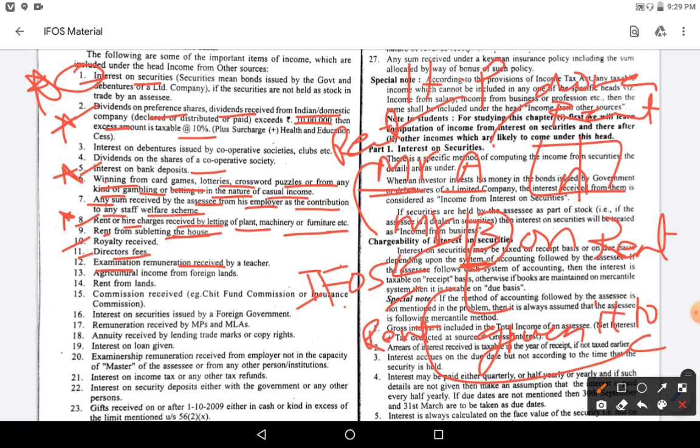Examination remuneration received by teachers, जो इन्विजिलेशन के लिए एग्जाम रेम्यूनरेशन मिलेगा वो. Agriculture income from foreign agriculture land. In the last video relating to agriculture, I have explained about it in detail. Foreign agriculture land, any income received from that is taxable under the head income from other sources.